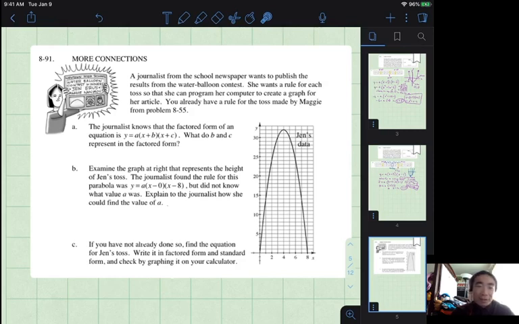When the balloon is on the ground, even more so. For the features of a parabola, what does it mean when the balloon's on the ground? So here, I'll just write it. B and C are the x-intercepts.